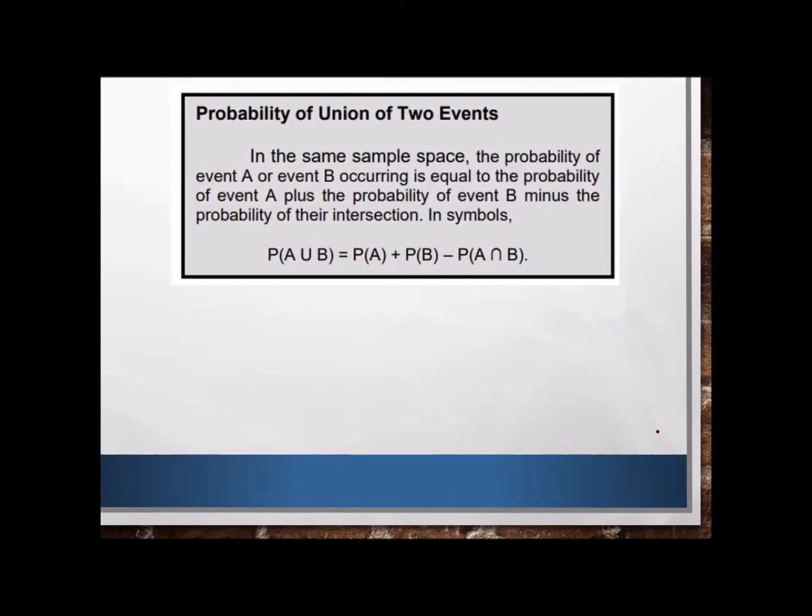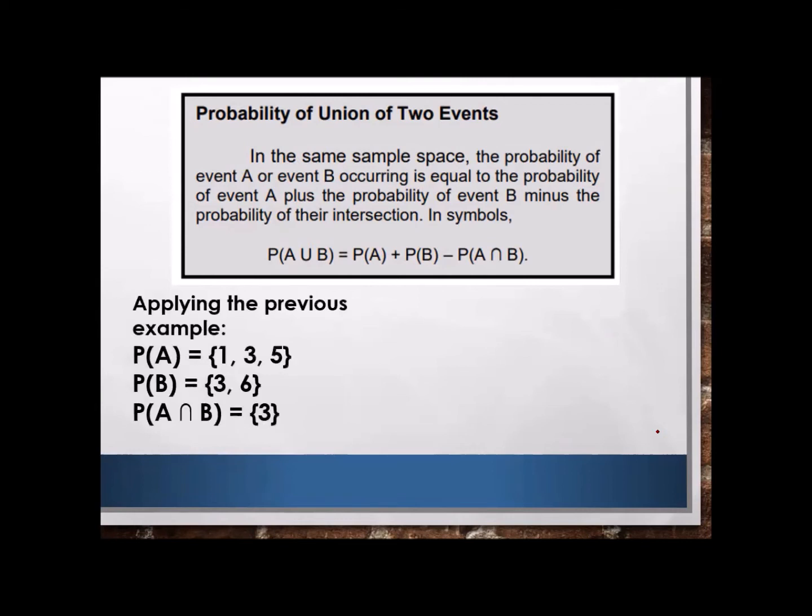Okay, because on our modules, meron tayong technique or yung formula na pwede natin gamitin. So if we are talking about union of two events, we only need to add the probability of A and B and subtract what is common or yung intersected part. Balikan natin yung kanina. The probability of A here pertains to the odd numbers and the probability of B is the divisible by 3.